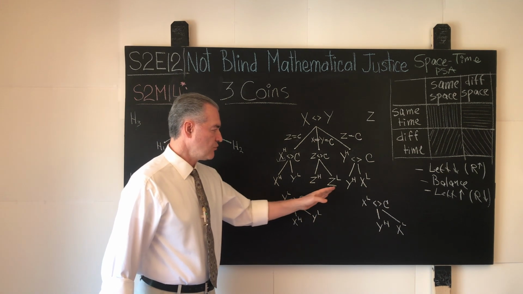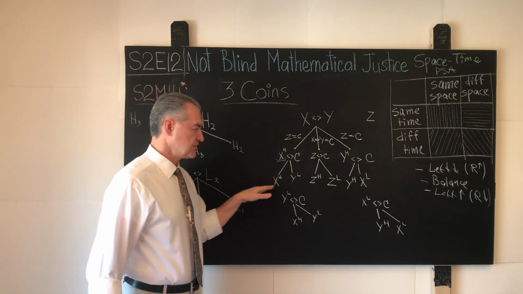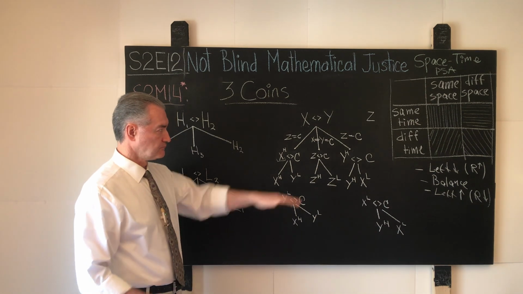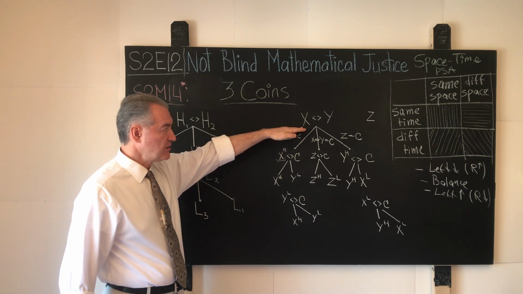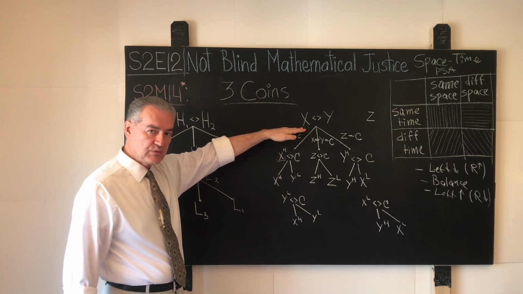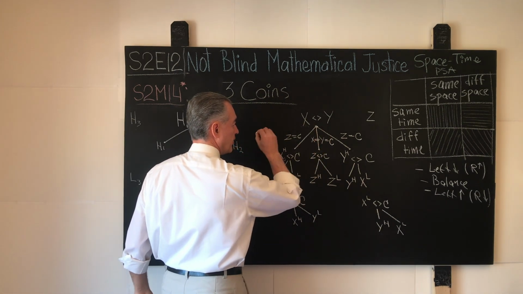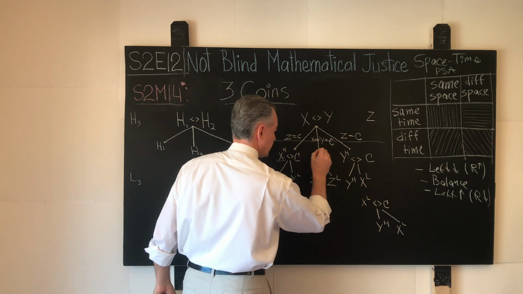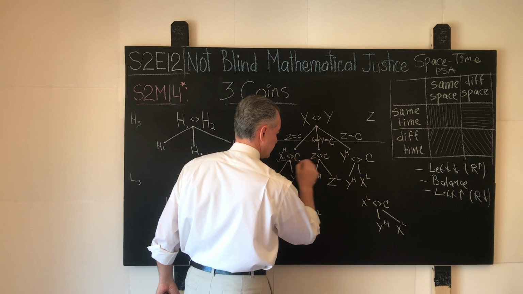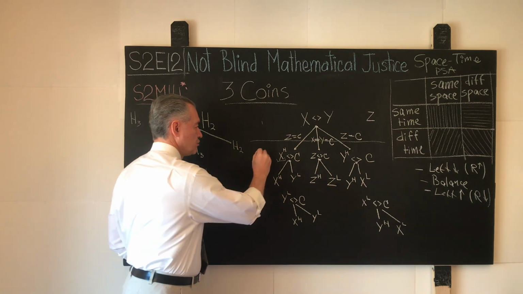Either way, we account for all 6 possibilities in the 3-coin case, and we see that the general 3-coin problem can be solved in precisely 2 weighings. This will be weighing number 1, and let's say if we designate it like so, and this will be the weighing right here. This, and this will be the weighing number 2.